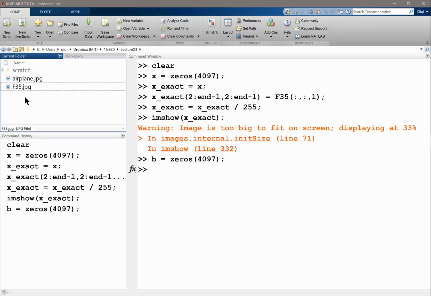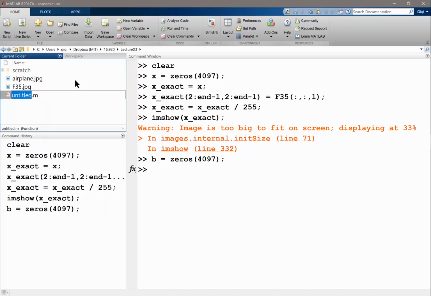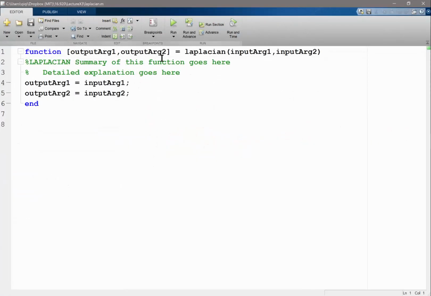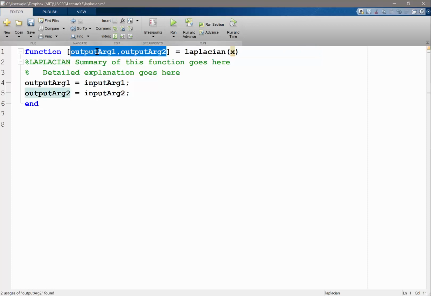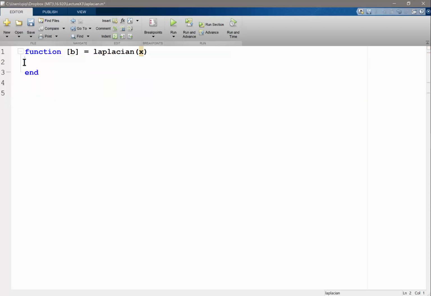And let's write code for computing the Laplacian. So let's write a new function for Laplacian of x. The output is going to be b, the input is going to be x. First of all, we'll infer the number of grid points.